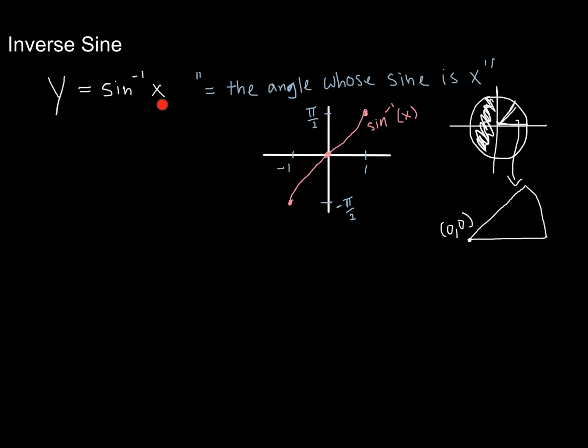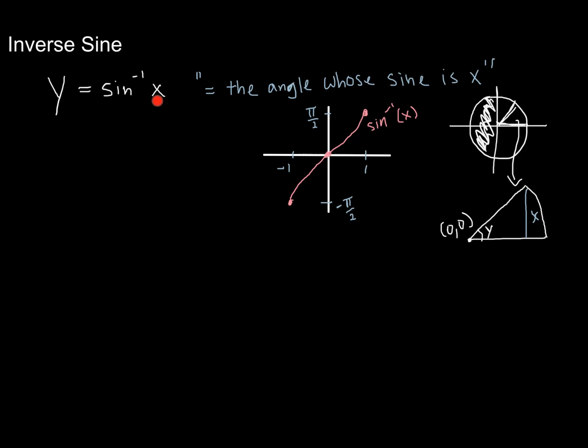So for this particular situation here, y is representing the angle whose sine is x. So the angle here is y. Now x is actually representing the y-coordinate. So we can drop this perpendicular down. That distance will represent the y-coordinate, and that's the input. Right?